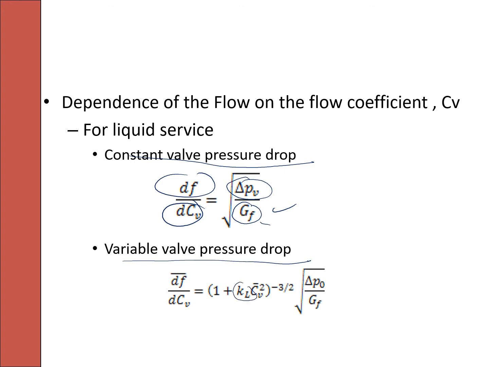The delta Po here is delta Pv plus delta PL. The delta Pv is the pressure drop of the flow through the valve, and delta PL is the pressure drop in the line.